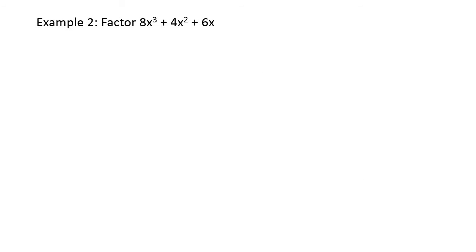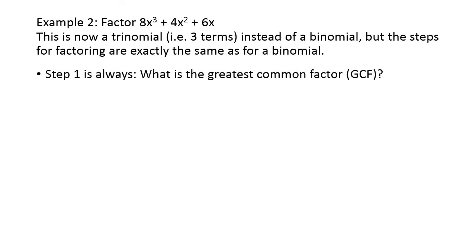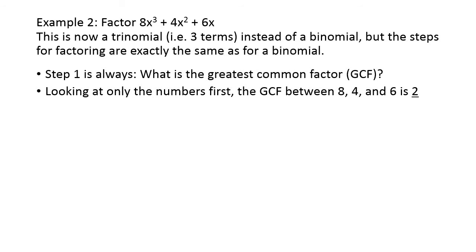Example 2, factor 8x cubed plus 4x squared plus 6x. This is now a trinomial, 3 terms instead of a binomial, but the steps for factoring are exactly the same as for a binomial. Step 1, always, what is the greatest common factor, the GCF? Looking at only the numbers first, the GCF between 8, 4, and 6 is a 2.